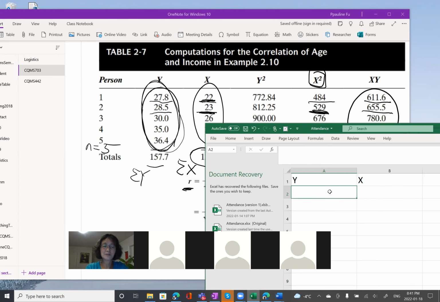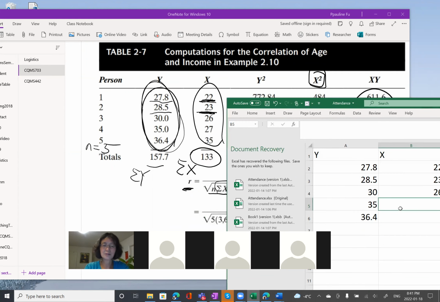To type in those values: 27.8, 28.5, 30, 35, 36.4. So those are the y. For x: 23, 26, and then 27.35. So I type in x and y.